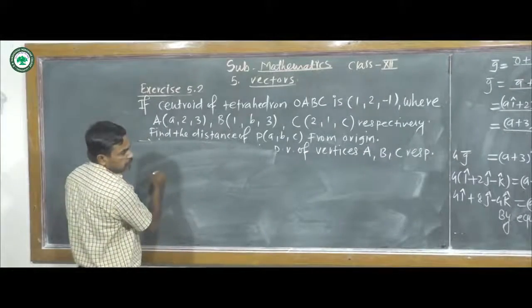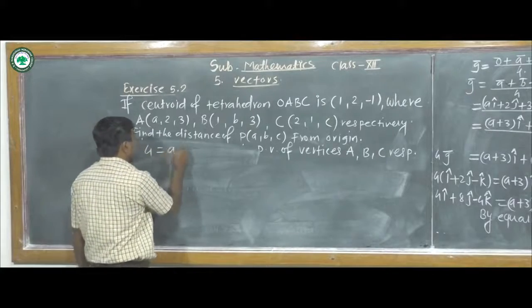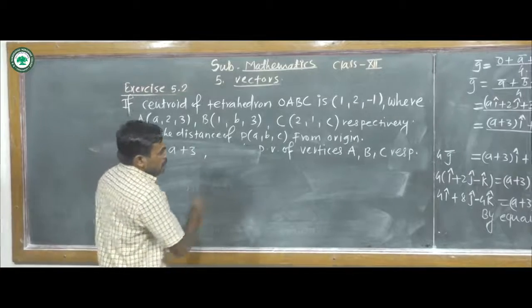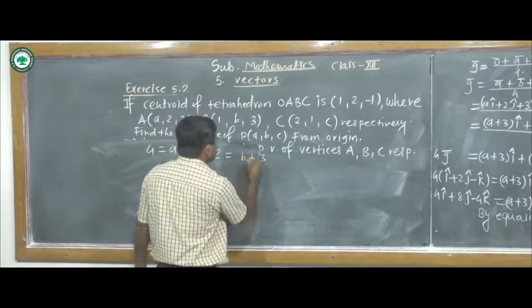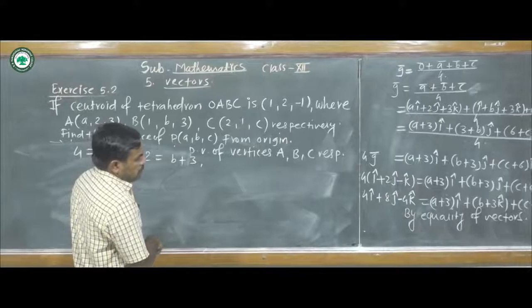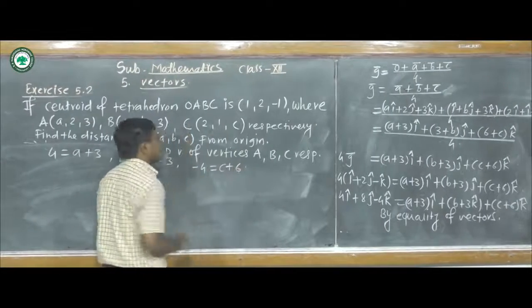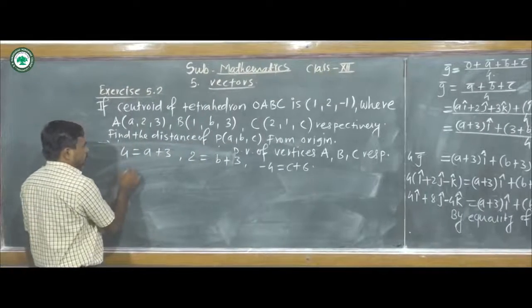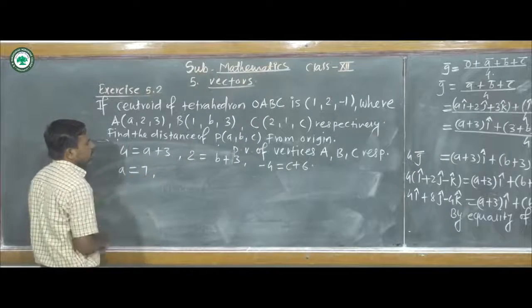By equality of vectors, we get 4 is equal to A plus 3, comma, 2 is equal to B plus 3, and minus 4 is equal to C plus 6. So therefore A is equal to 7.